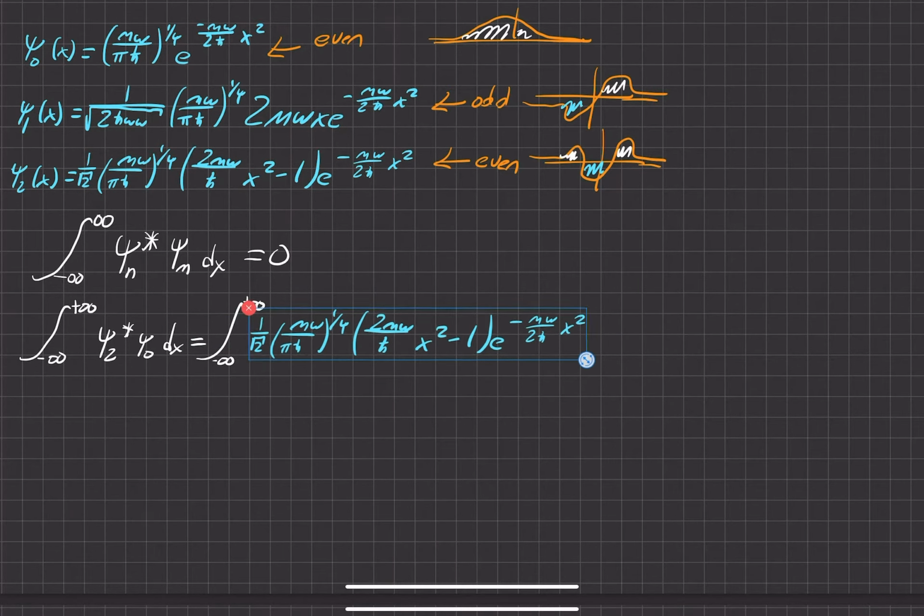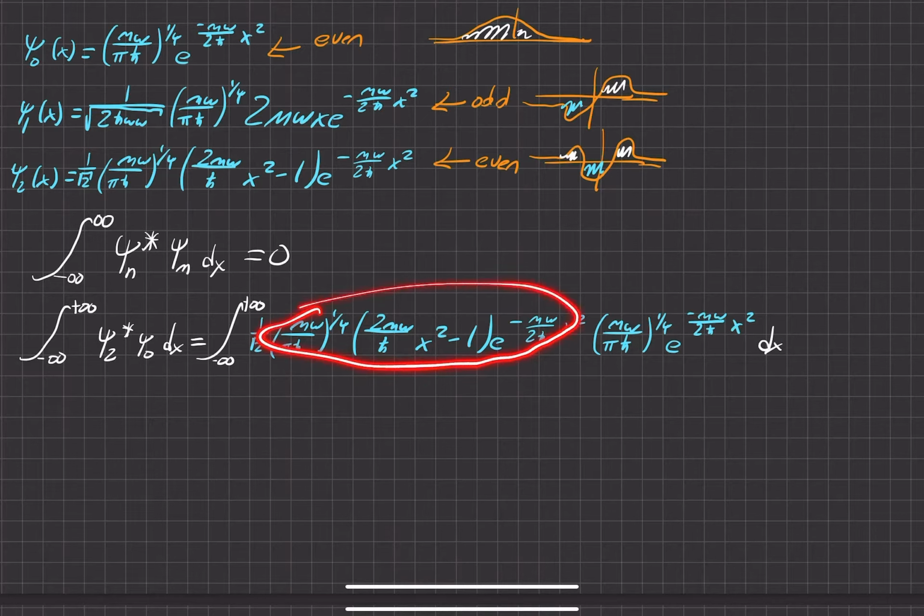This is the second excited state, and this right here is the ground state. The complex conjugate of the second excited state is not going to have anything fancy to do with it because there are no complex terms in here, so it's just going to end up being the same.